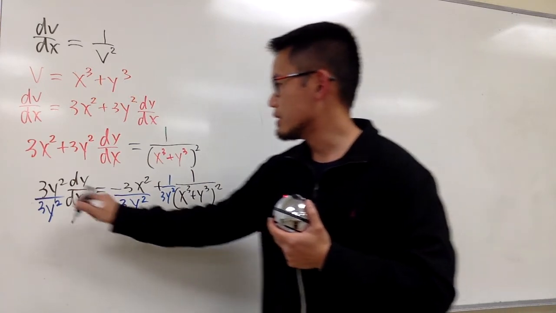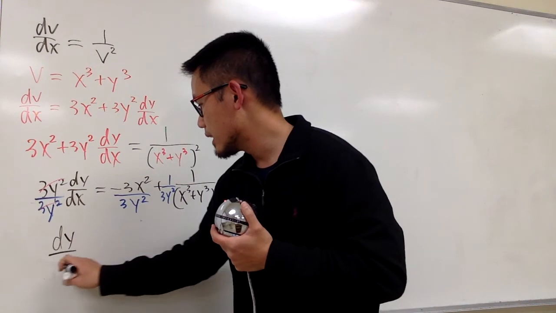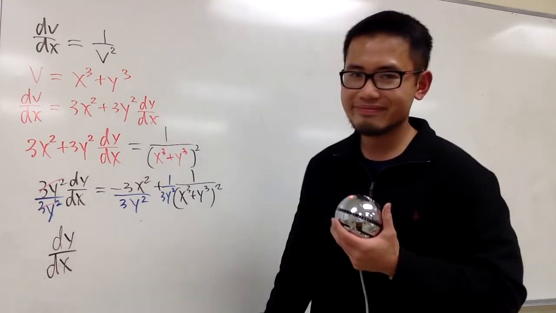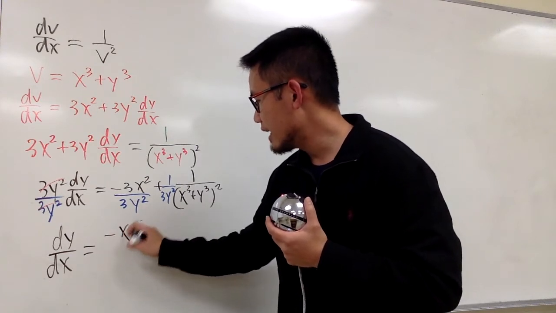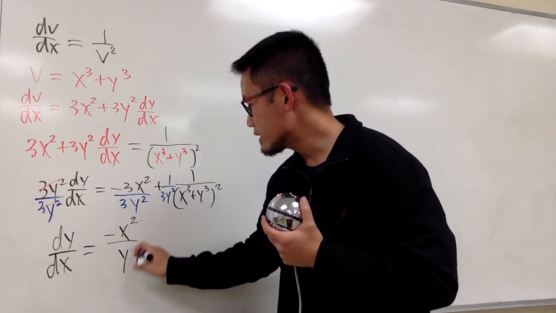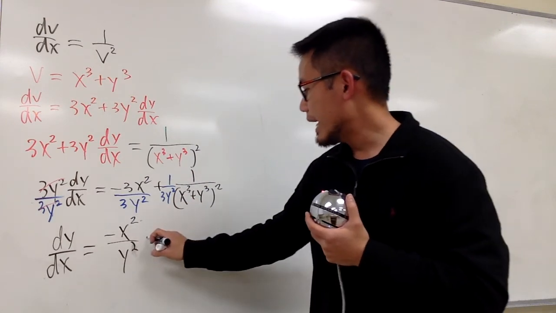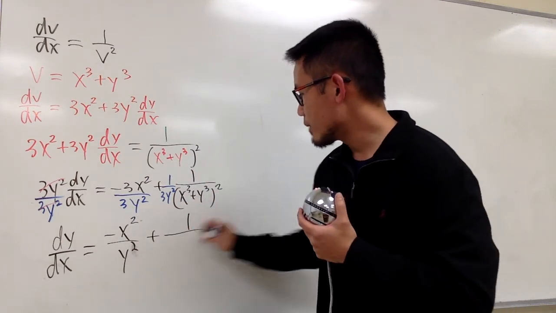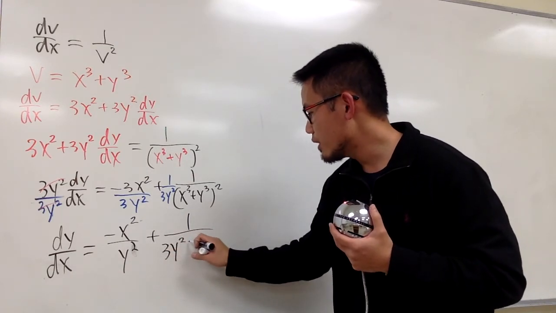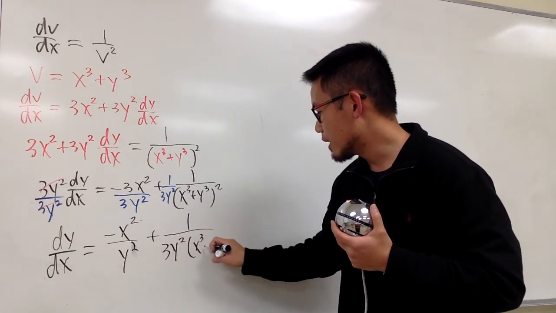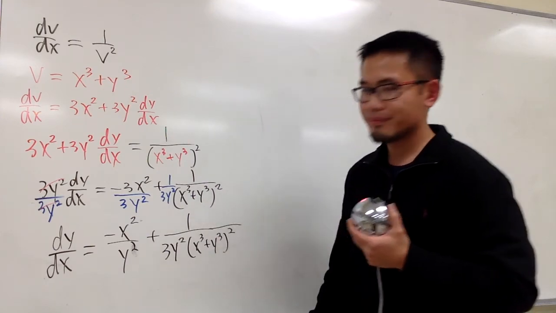And you see that this and that will cancel. We will have dy/dx. The 3 and 3 cancel, so we have negative x squared over y squared, and we add it with 1 on the top, and then we have 3y squared times x to the third power plus y to the third power, and then square.